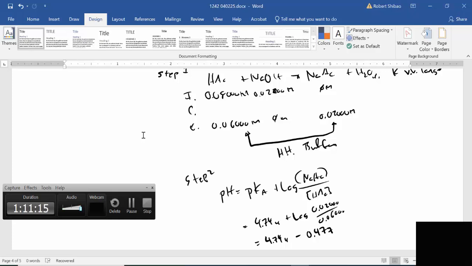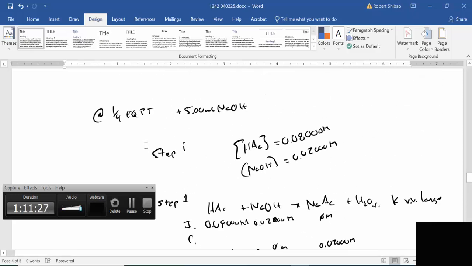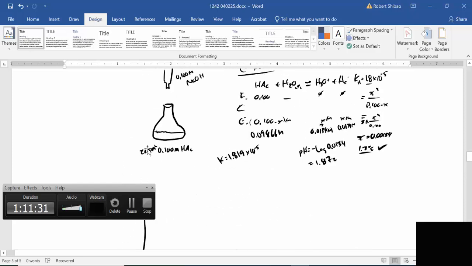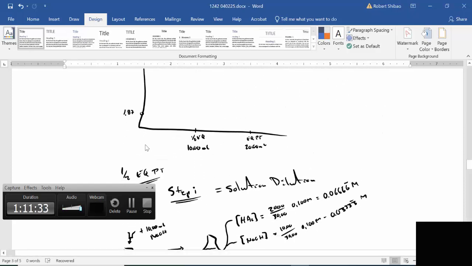Plus 4.744 gives me a pH of 4.266, or 4.27. So at the 1/4 equivalence point, my graph disappeared too.